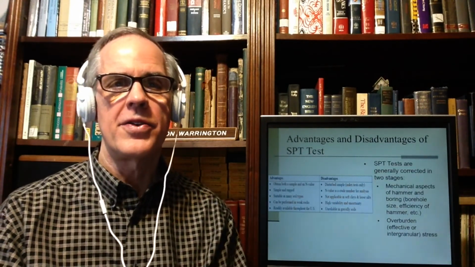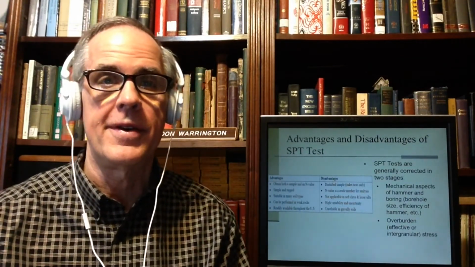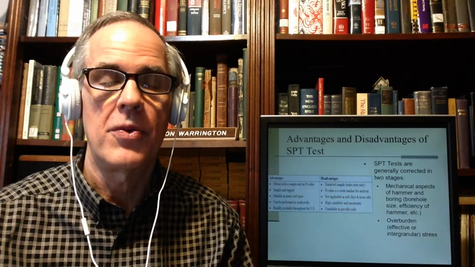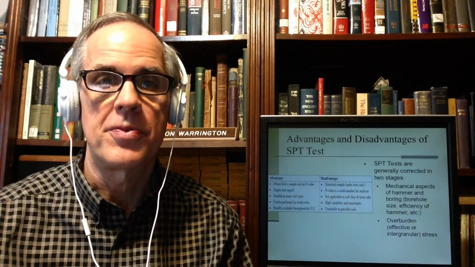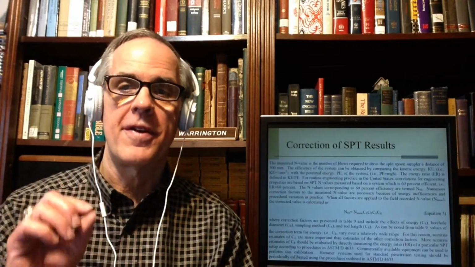So over the years, we began to realize that SPT results are not all created equal. And as a result, we need to do some corrections. So we have two levels of correction. The first level of correction is for mechanical issues, except for efficiency. We're going to talk about efficiency next.